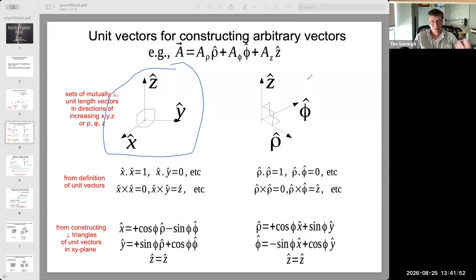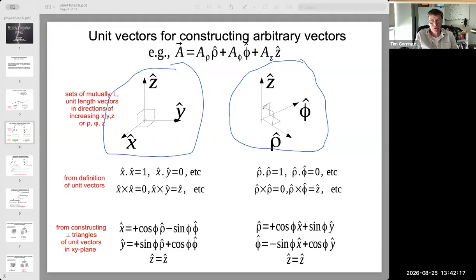They're also of unit length, length 1, and they are also mutually perpendicular to one another. I've sketched them over here on the right-hand side. So we've got a set of unit vectors in rectangular coordinates, a set of unit vectors in cylindrical coordinates, and these unit vectors span the three-dimensional space, but in two different languages, rectangular and cylindrical.